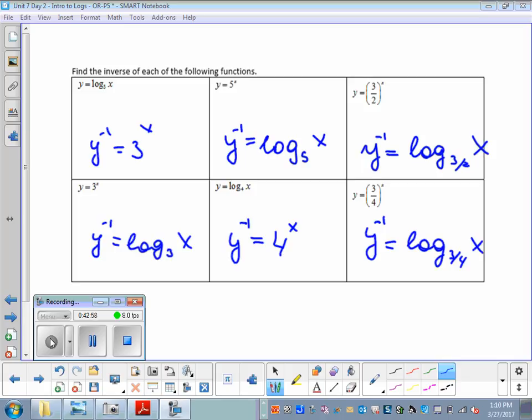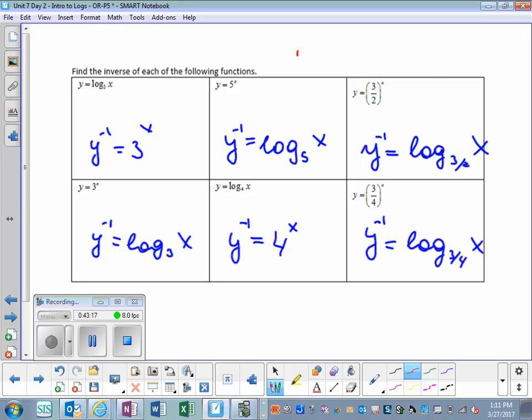Okay, I want to emphasize something. When you have, like in these two examples right here, a base that is a fraction, you have to be careful about how you write this, right? The alignment, just like how it looks on the page. Because many of you would put something like this.